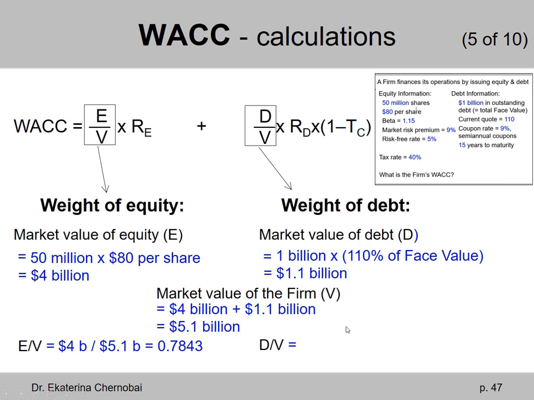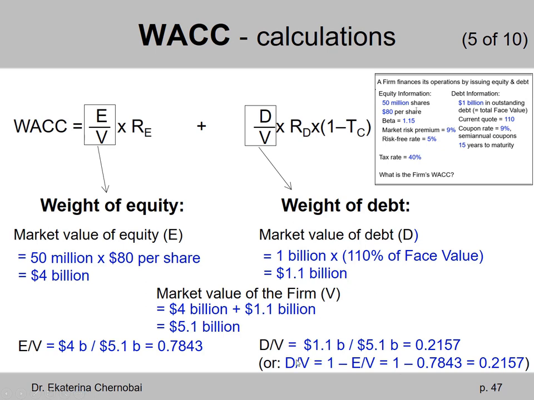The weight of debt is 1.1 billion divided by the same total, 5.1 billion, which gives 0.2157 in decimals, or 21.57%. So these are our two weights that will then be used in the weighted average cost of capital formula.